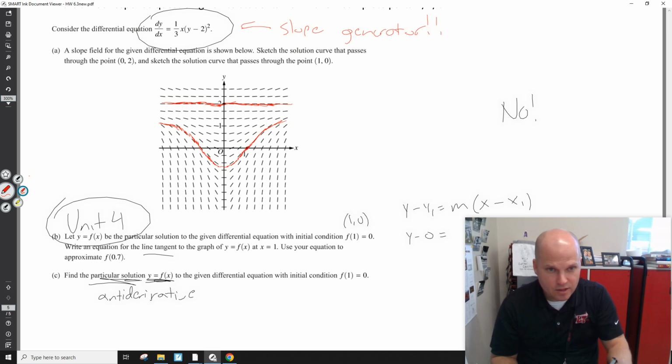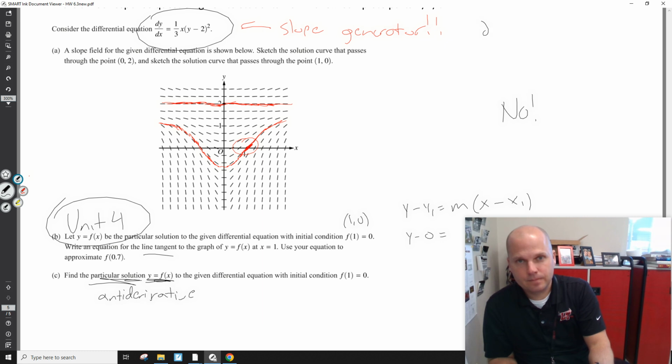It generated this slope here at 1, 0. What is that slope? Well, plug 1, 0 into this dy dx. I got 1/3 times 1 times -2 squared. I get 4/3.